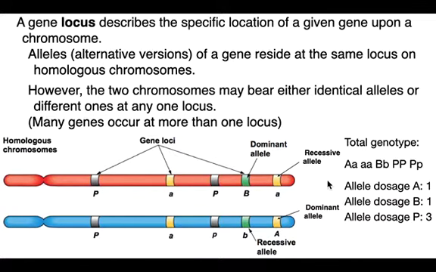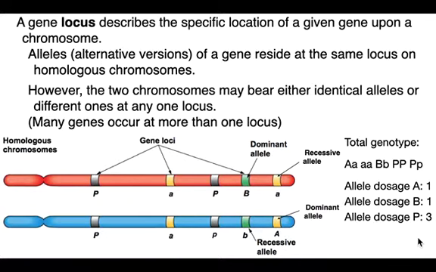So if we talk about the allele dosage of the dominant gene, on the A gene, we have one dominant allele. On the B gene, we have one dominant allele. And on the P gene, we had three dominant alleles. So in some cases, the number of dominant alleles or the number of a particular variant of allele that you have will affect the genetic expression.